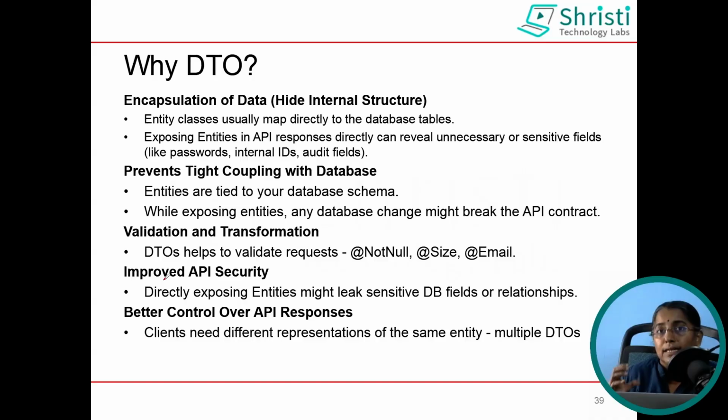I want to send, let's say, few properties only. As in case of book, I want to send only title and author, or title, price, and category. So based on the client's requirement, I can pick and choose the properties and send it back. That is possible only with the help of DTOs. You can have any number of DTOs that are needed for an application.